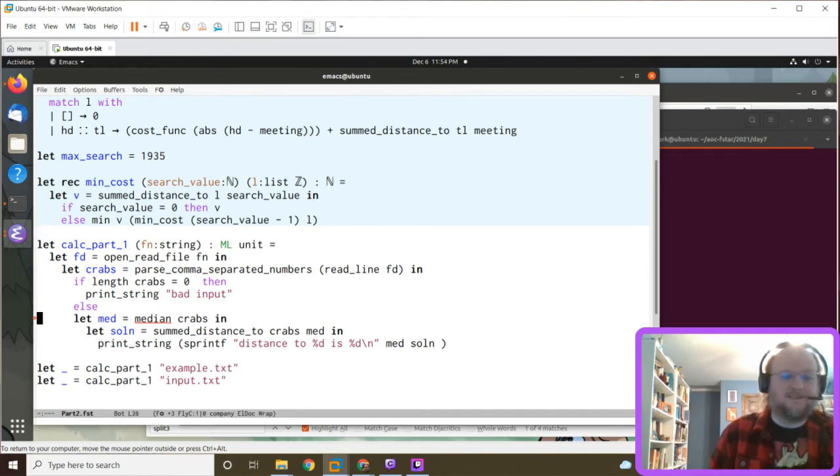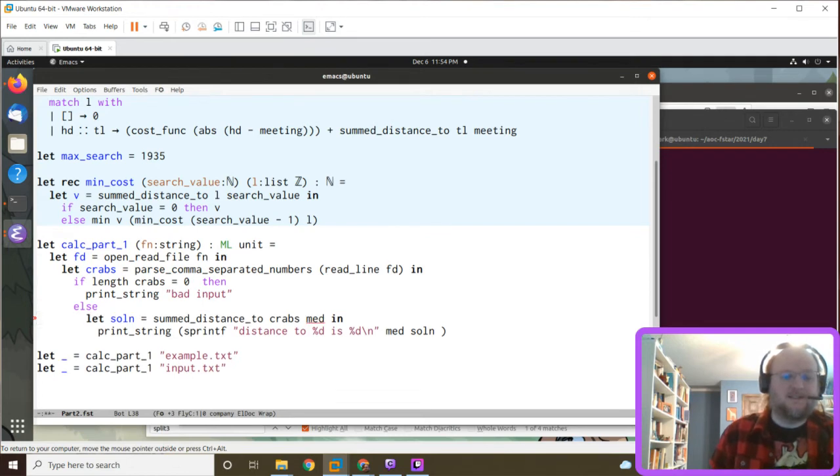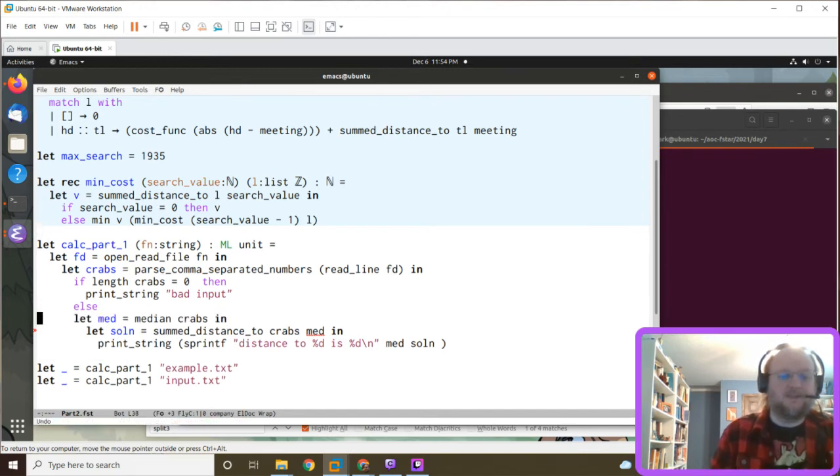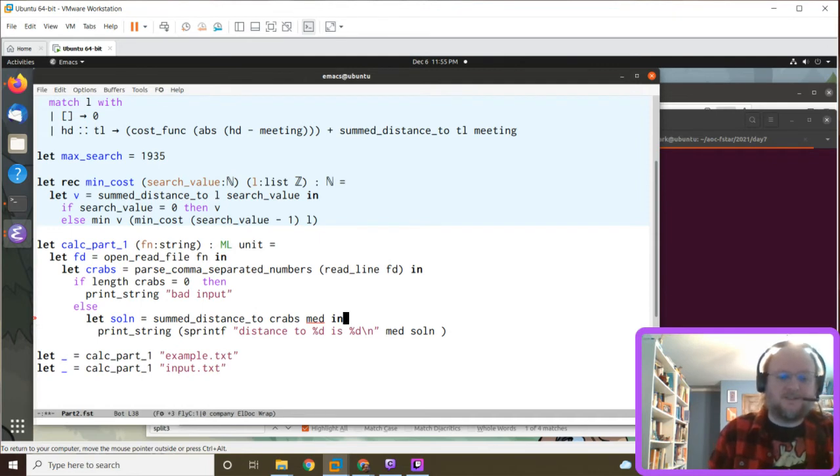All right, let's try it out. Oops, let opt equals min cost. We could return. Oh no, that's what we want. We just want the cost. We don't know where it is because we didn't save that.